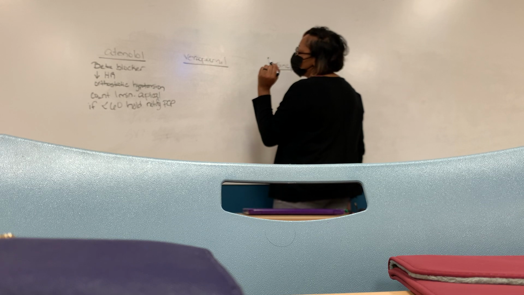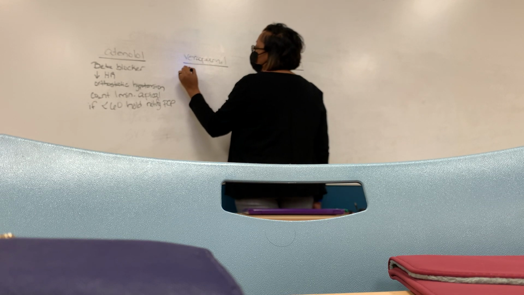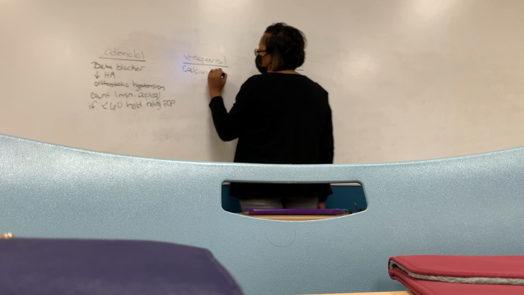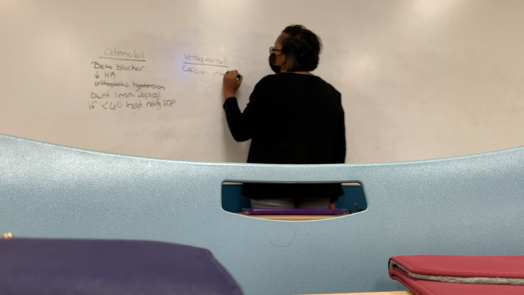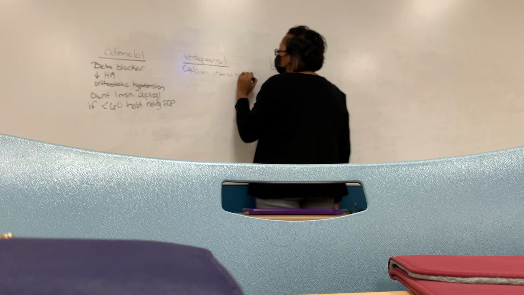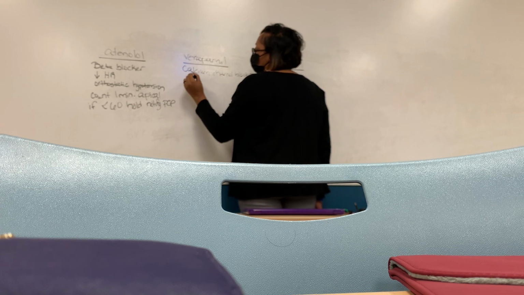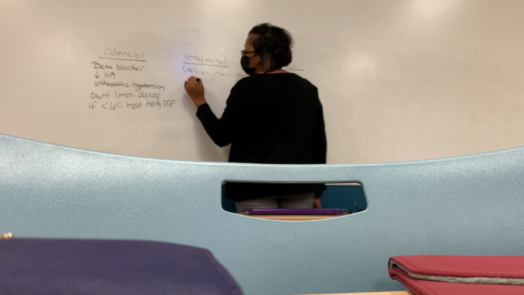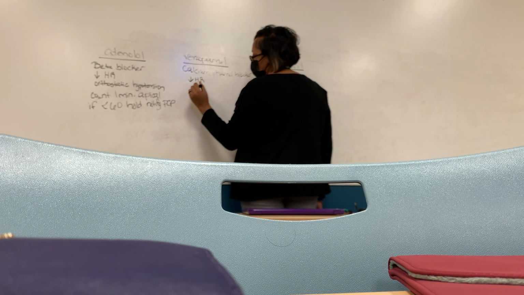Verapamil. What type of medicine is that one? Calcium channel blocker. What do we worry about with our calcium channel blockers? Low heart rate. Blood pressure, not as much, but that heart rate, yes.